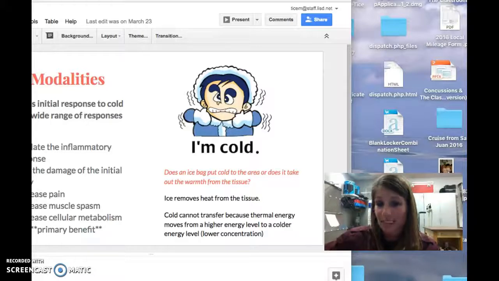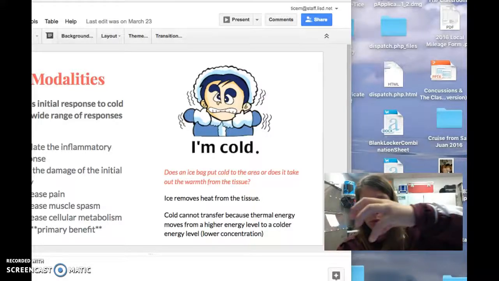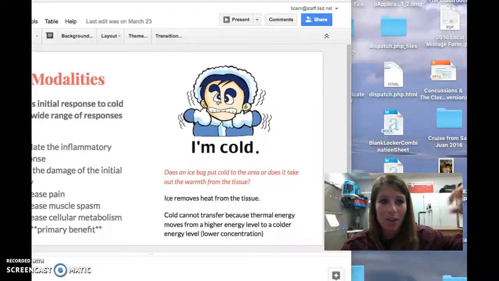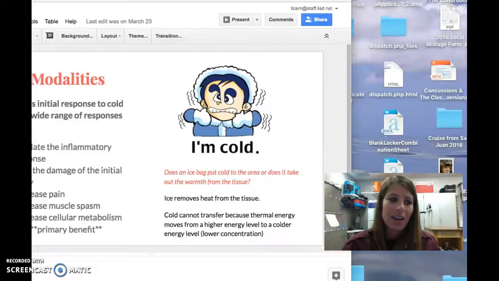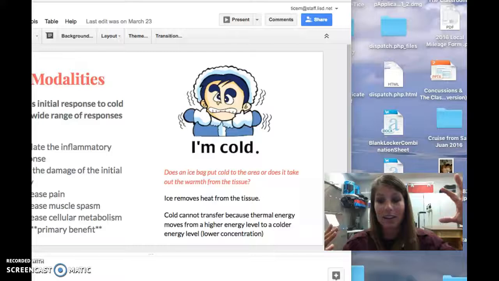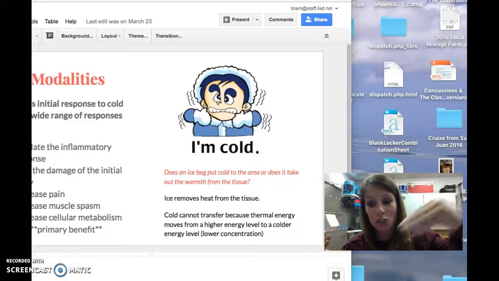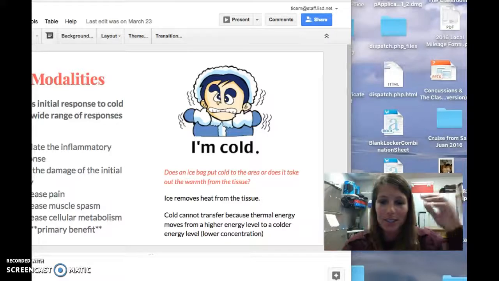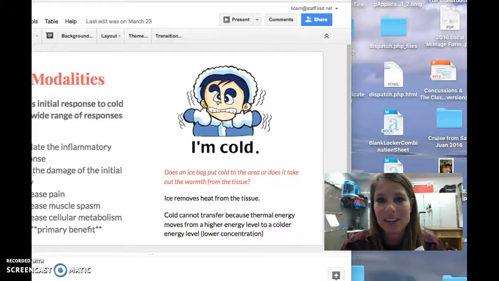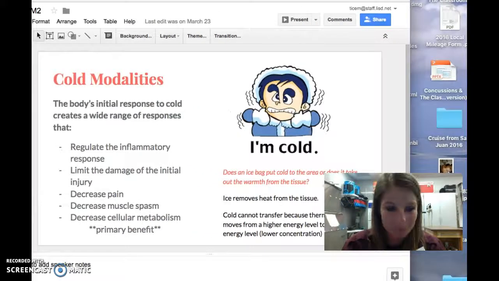So the ice bag is actually going to pull the heat from the tissue, okay? And so we kind of have to remember which way our tissue temperatures are warming. Like our moist heat packs were warmer than the skin temperature. So the heat was going from the moist heat pack to the tissue. But we have the opposite effect going with the cold thermal modalities.